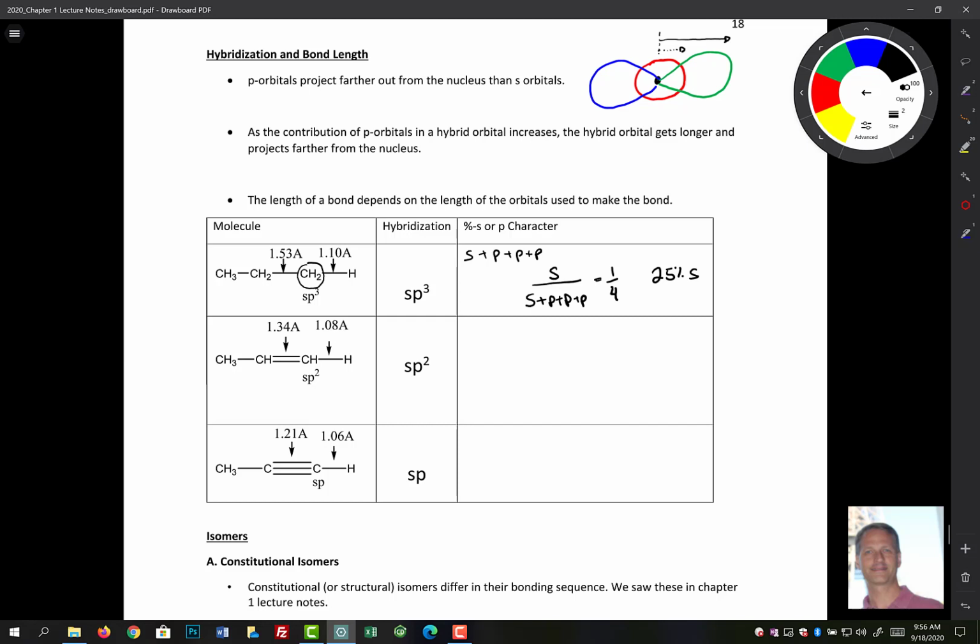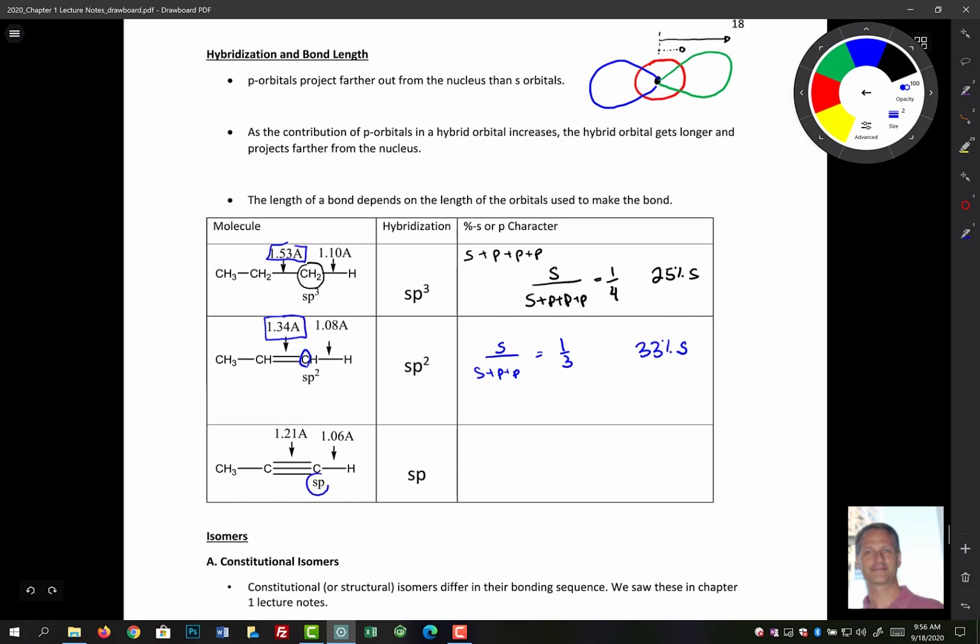All right, if we look down here below, this atom right here has a steric number 3. It's sp2. There's 1 s, right, divided by an s plus a p plus a p. So that's 1/3. That's 33% s character. So you're higher in s character. That means that your bond should be shorter, and that's the case. 1.53 up here, right, going to 1.34.